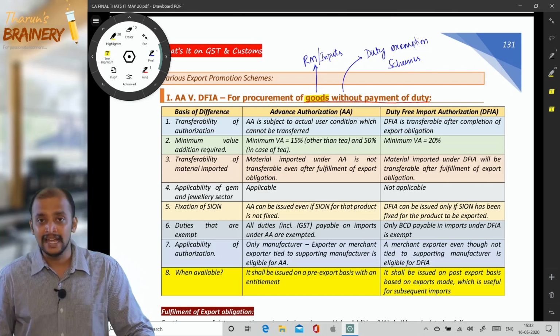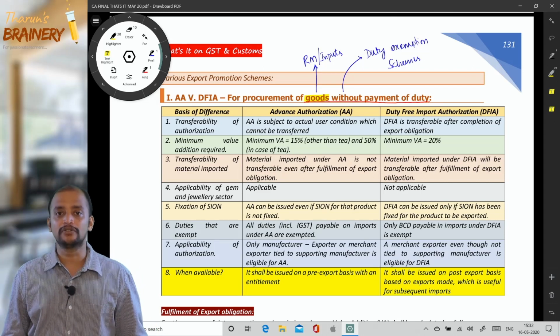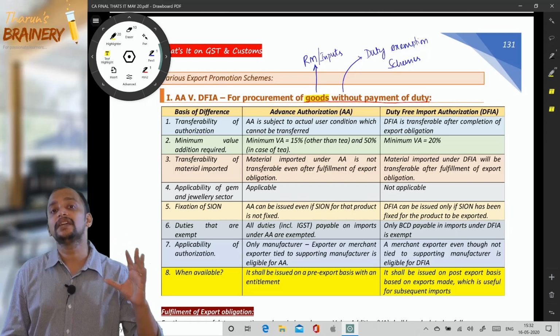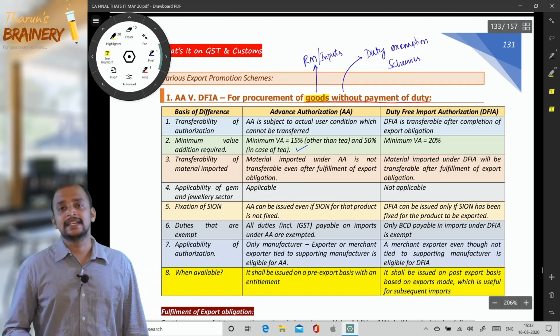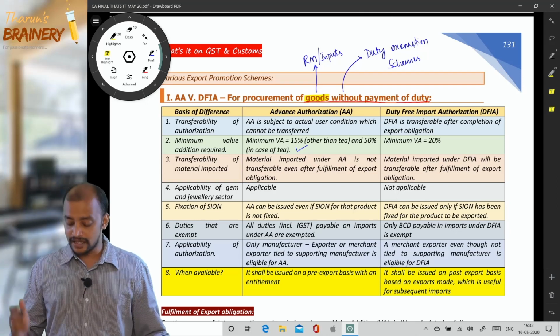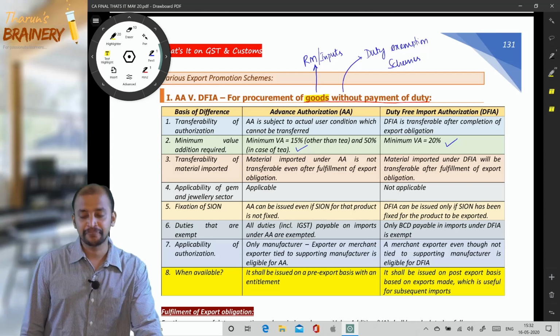For AA, the value addition condition is 15% in case of goods other than T, and in case of T, it is 50%. Get this? Whereas in case of DFIA, we don't have any such classification. It is always 20%. That is the minimum value addition required.